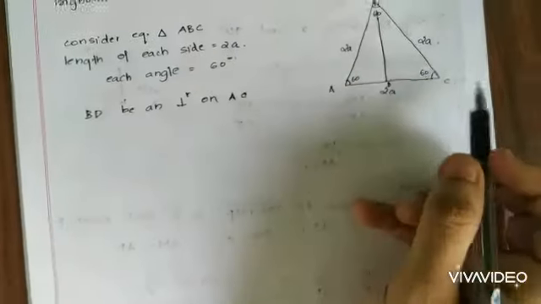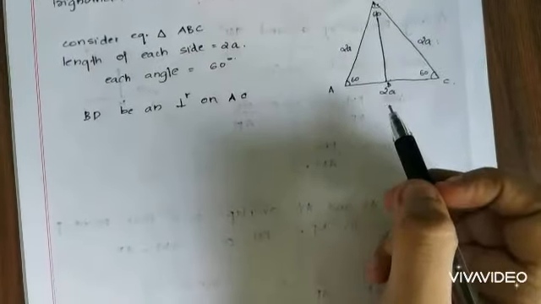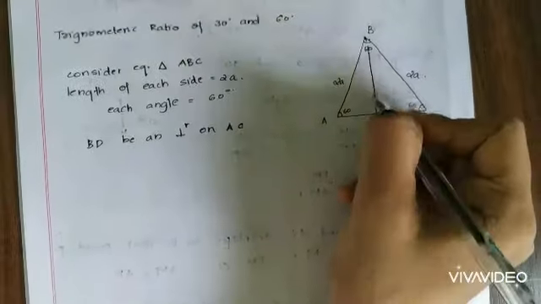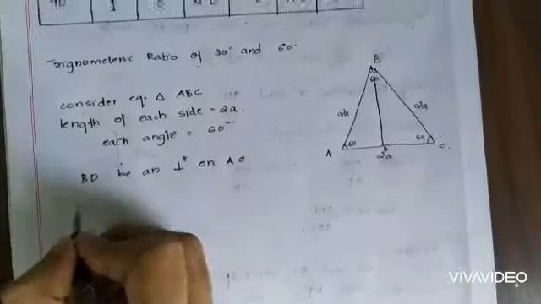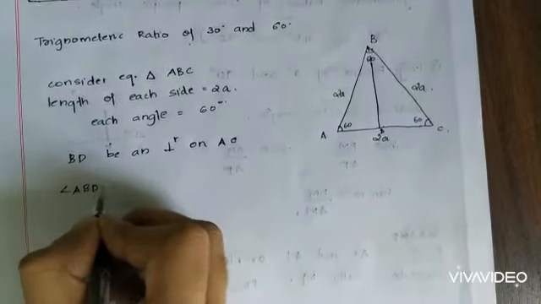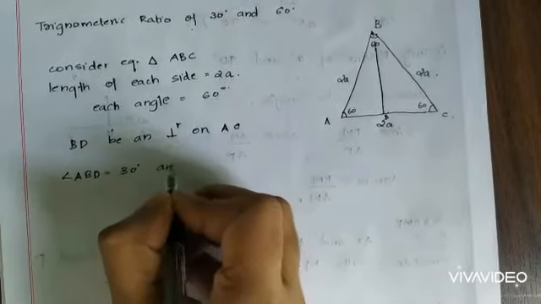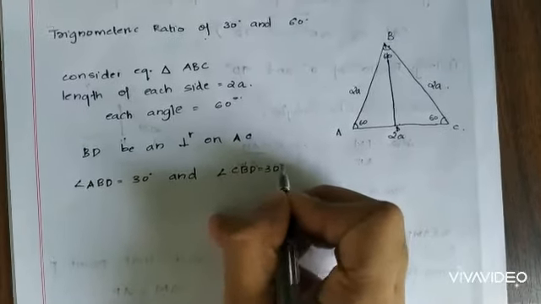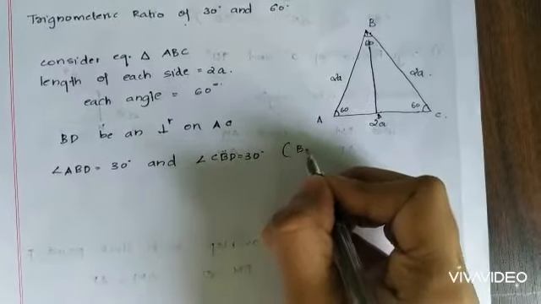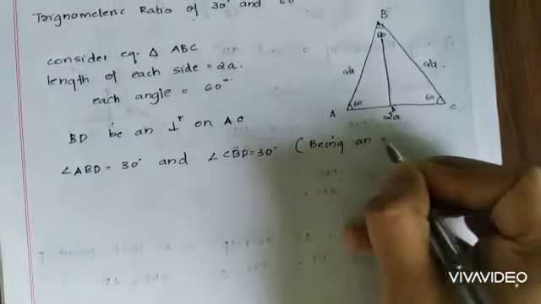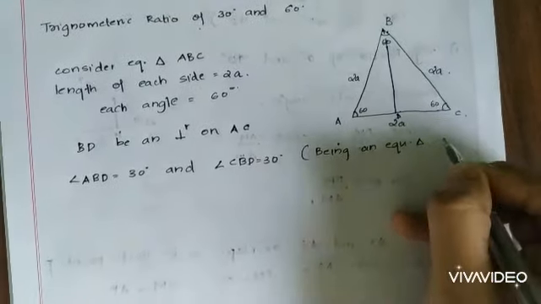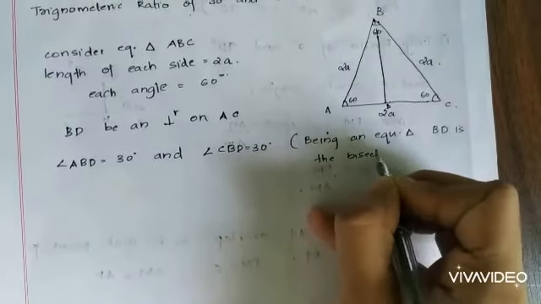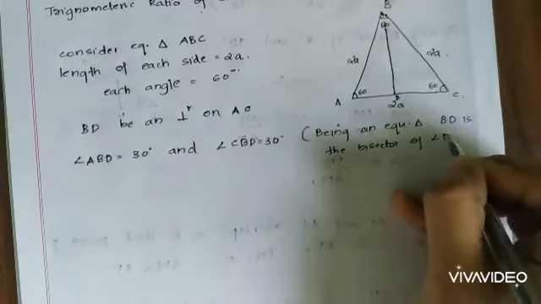Since the triangle is an equilateral triangle, BD is the bisector of angle B. Therefore, angle ABD will be equal to 30 degree and angle CBD will also be equal to 30 degree. This is because, being an equilateral triangle, BD is the bisector of angle B.